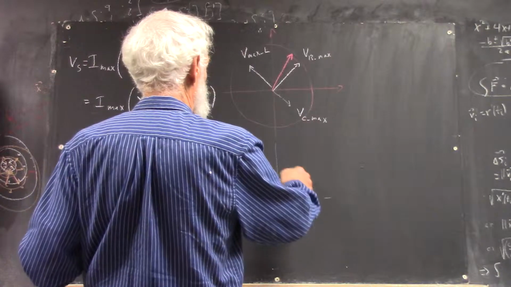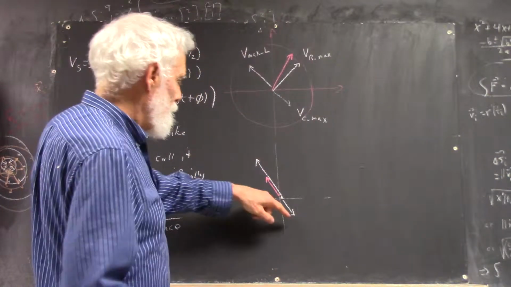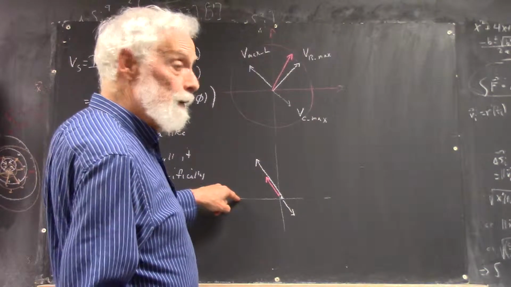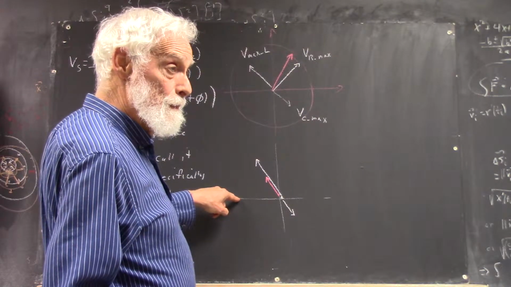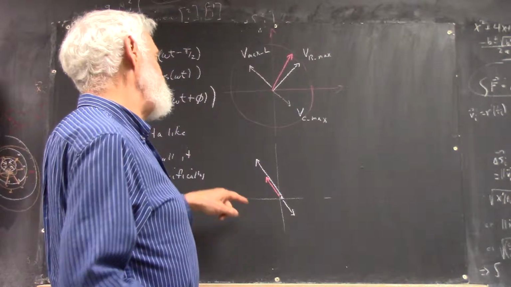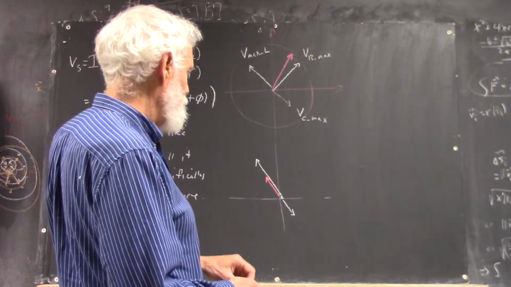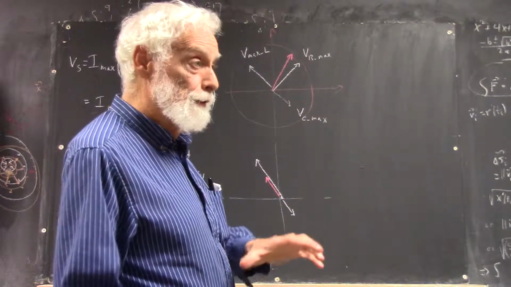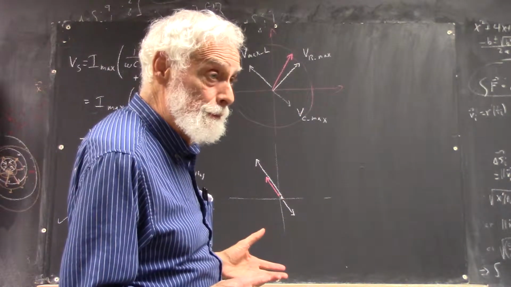As this thing goes around, this voltage is going to be at a maximum when this one's at a minimum, right? Okay? Well, actually that's all I'm going to say about it right now, because we want to actually get our hands on the equation and see how this works out.